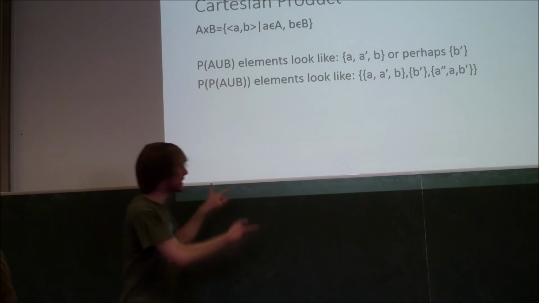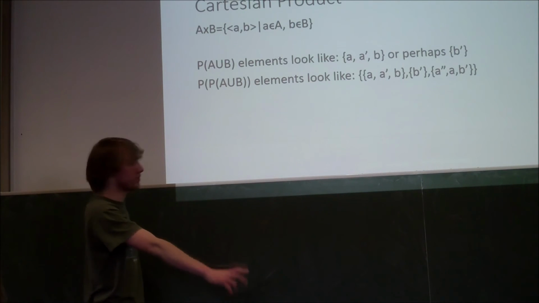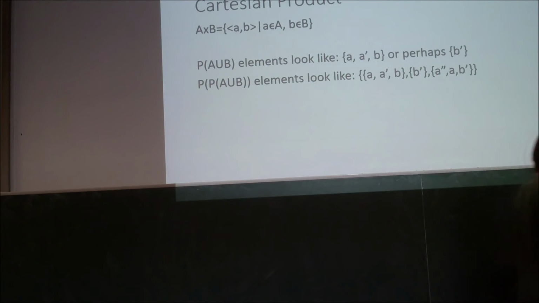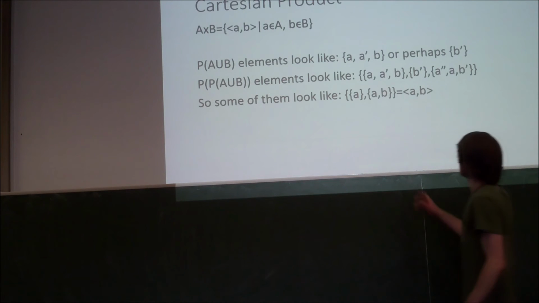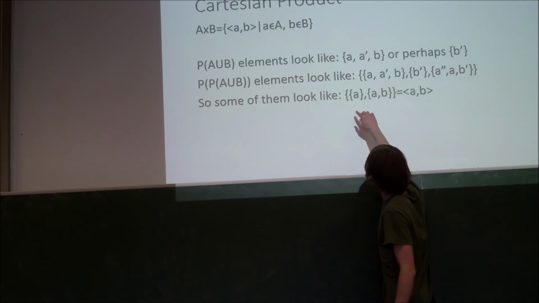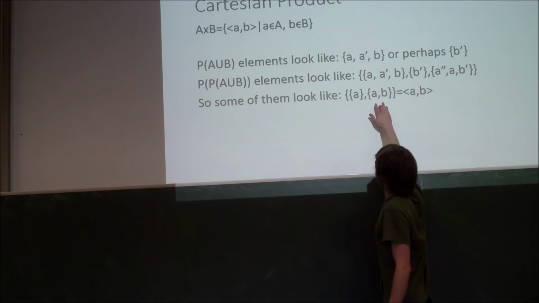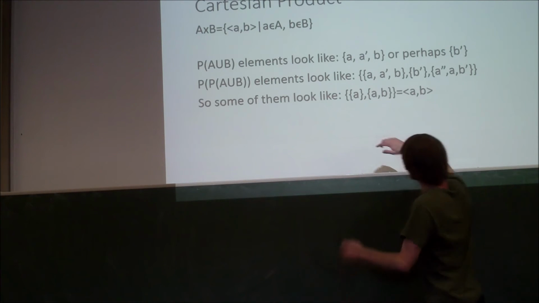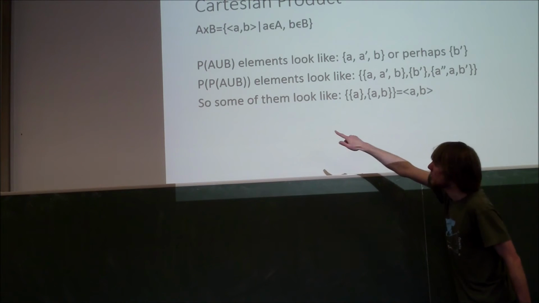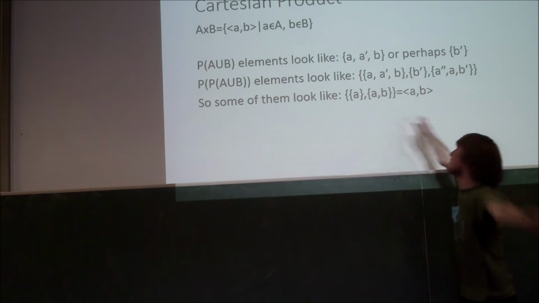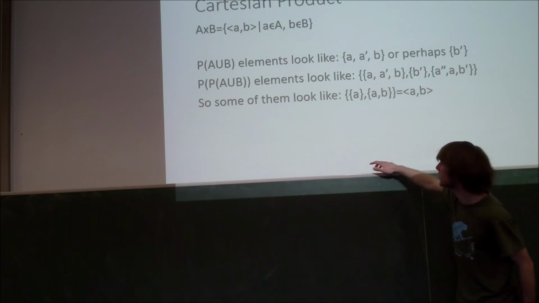So a set of little sets which consist of elements from A and B. And in particular, some of those are going to look like ordered pairs, so they have this structure, and also that A is the same as that A. So we've got these, and of course anything that looks like this is in that power set because it has all of the sets that look even vaguely like this.